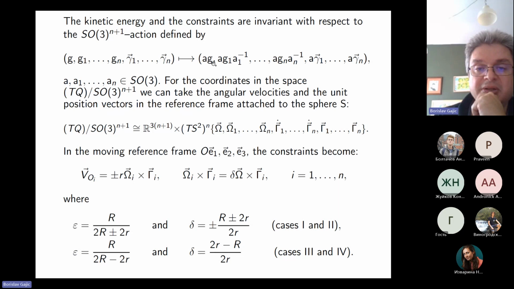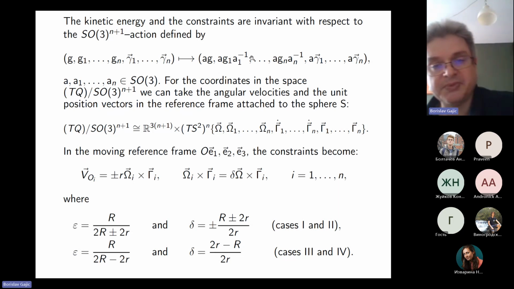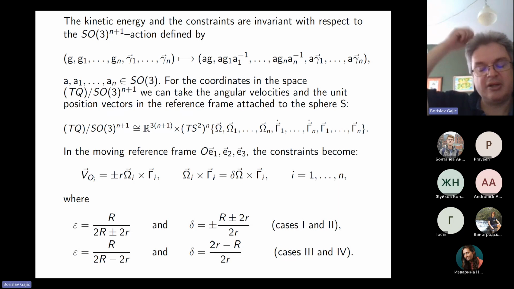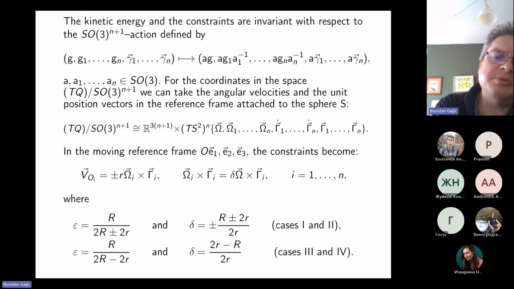Left action, A, an element of SO(3), corresponds to choosing, we have the freedom to choose the moving reference frame attached to the moving ball. And the matrices A1 to An say that we have freedom in choosing reference frames, not of the moving ball, but of the fixed S0, because S0 is fixed.